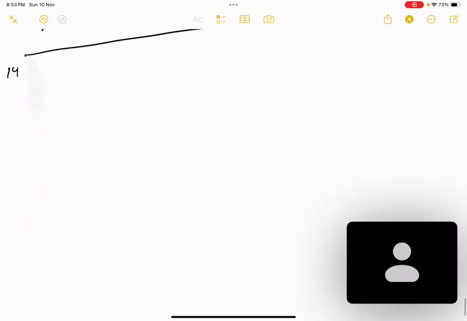Let's come to number 14. Here it's given that there is a room.